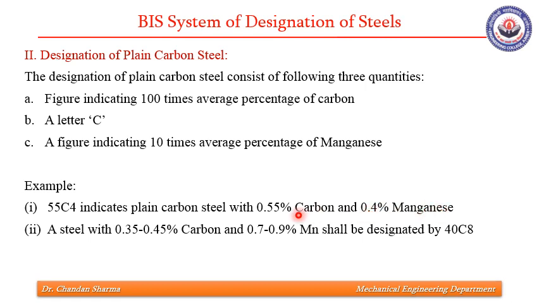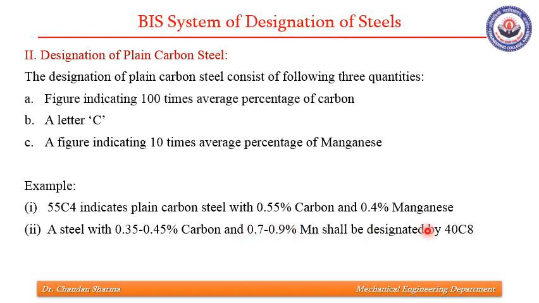If you do the reverse, if you want to designate a steel with this much carbon percentage and this much manganese, then the average is 0.4. 0.4 multiplied by 100, here we have divided, now we'll multiply, will be the percentage of carbon, and here the average is 0.8, so 0.8 into 10 will be 8.